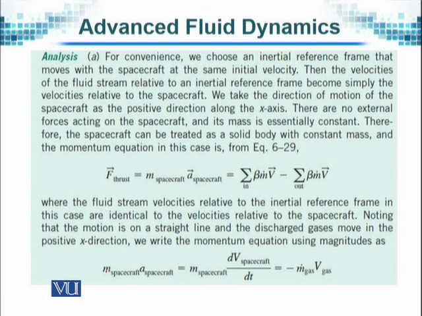The net force that is acting on the system has to be equal to the other forces that we obtain from the equation of balancing the momentum. So the thrust force is equal to mass of spacecraft times acceleration of spacecraft.